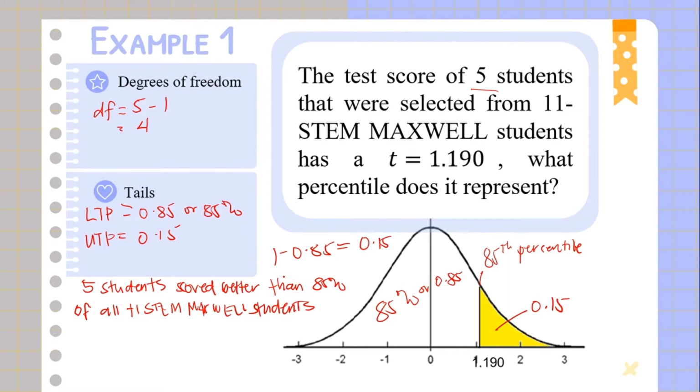Or pwede ring mas mataas ang nakuhang score ng 5 students na ito than the rest of yung 11 Maxwell students. Or 15% scored the same or better than the 5 students.